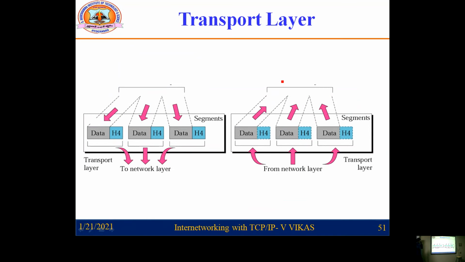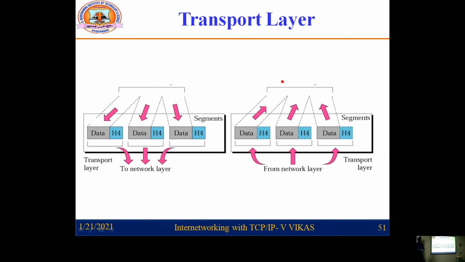So next is the transport layer, as discussed with respect to the OSI model. Even in TCP/IP, the transport layer has to provide service from one process to another process. It takes information from the application layer and provides segments. Messages will be coming, segments will be going to the network layer. At the other side, it again takes services from the network layer and provides services to the layer above.